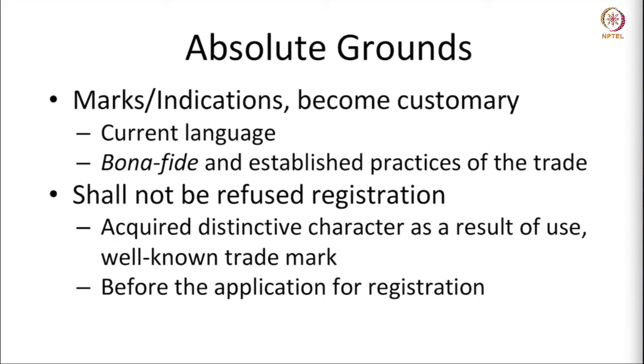The distinctive character should have accrued on the mark before the application for registration. So it should not be that the mark is applied for registration, and then over a period of time, the mark acquires the distinctive character. Rather, it has to be before the application for registration.